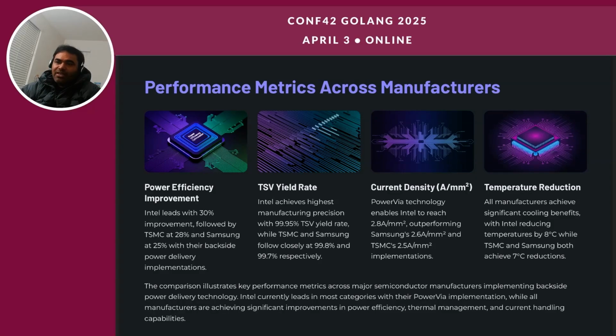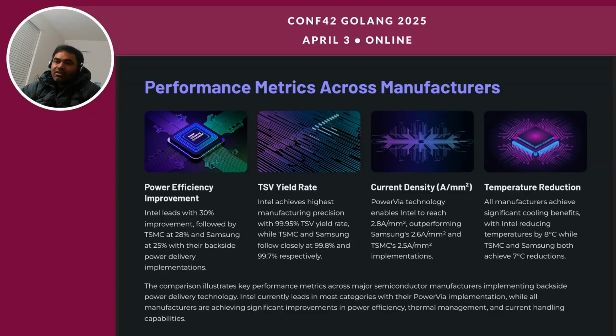Performance metrics across manufacturers. For efficiency improvement, Intel leads with a 30% improvement, followed by TSMC at 28% and Samsung at 25% with their backside power delivery implementations. TSV yield rates: Intel achieves the highest manufacturing precision with a 99.95% TSV yield rate, while TSMC and Samsung follow closely at 99.8% and 99.7%.